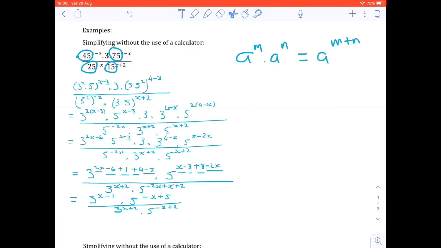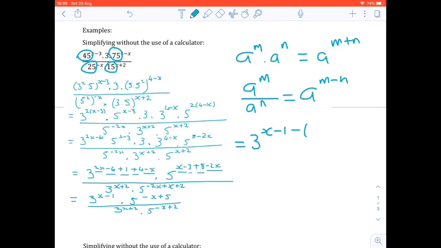Okay, now we can simplify this even further by using the other rule of exponents, which is a to the power of m over a to the n is equal to a to the m minus n. So what we're doing here is getting rid of this fraction by taking everything at the bottom to the top. So that means that for 3 to the x minus 1 in the numerator, we're going to minus the exponent of the 3 in the denominator.